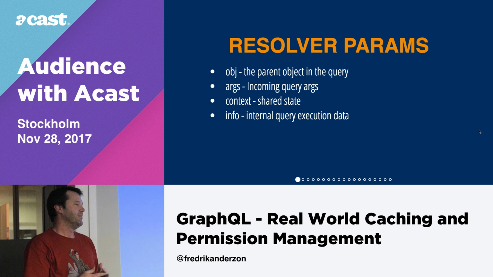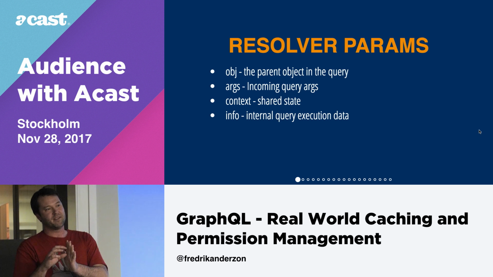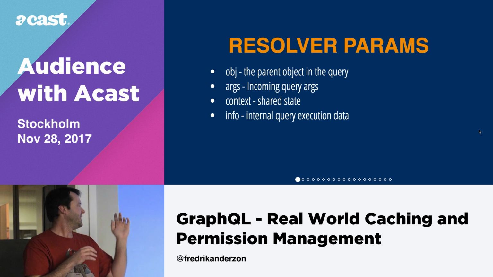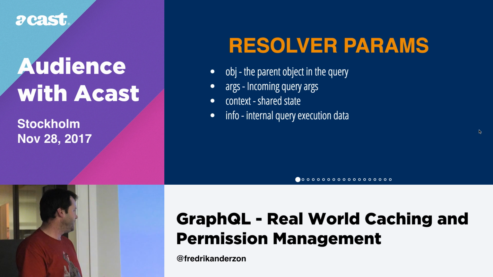And you are never going to need anything from there. But when we're trying to resolve authors in a post, the object is going to contain all the info about the post. Most importantly, the ID of the post and the author ID of the post, which we can then use to go and get the author.